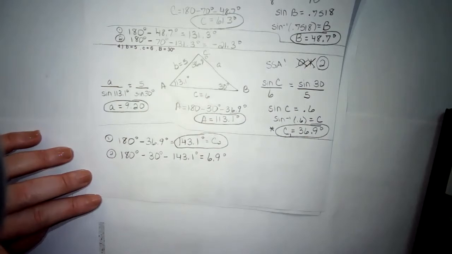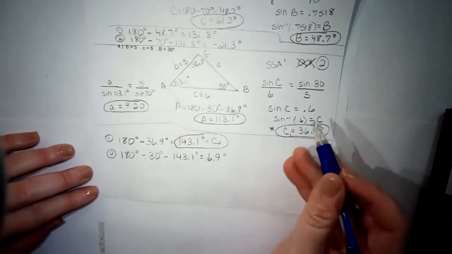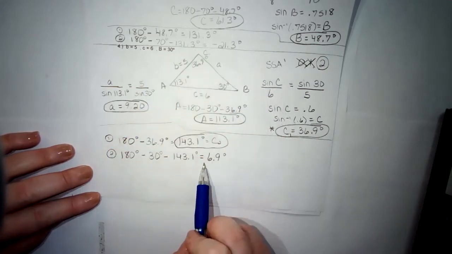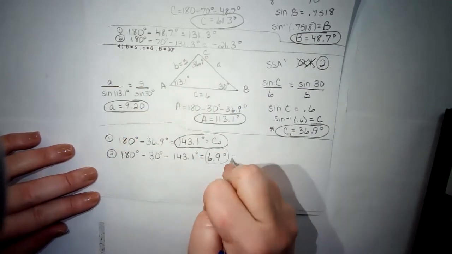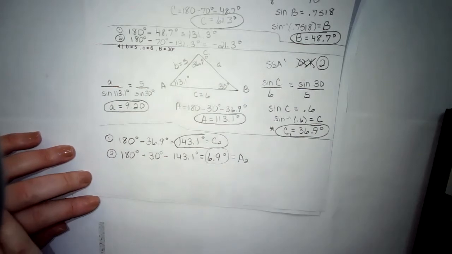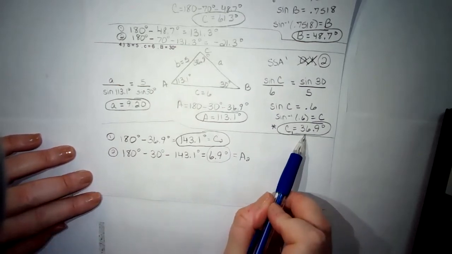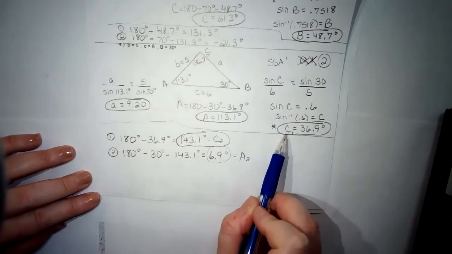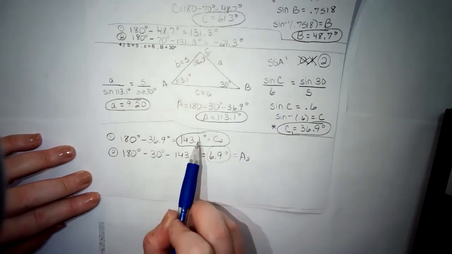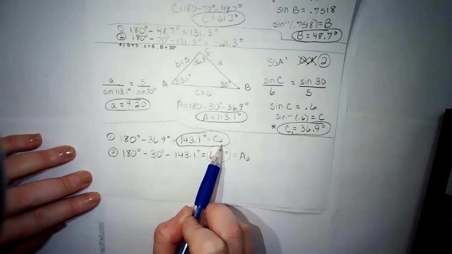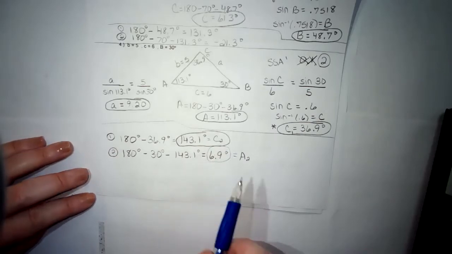Then we were given B. We found C2. What do you think this angle is going to be? A2. Okay. So whatever this first angle was, give him a little subscript of 1. And then this guy from step 1 is going to be the second version, version 2. Okay. And then this has to be the other guy.